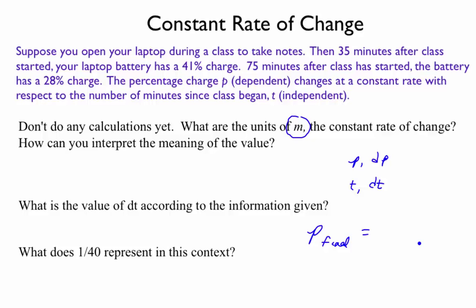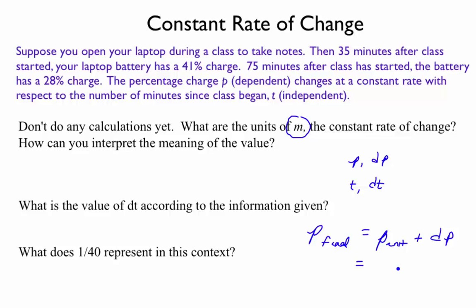Okay, so we should have this down. P final equals p initial plus, and how did we find dp? What is dp equal to? Not plus, right?